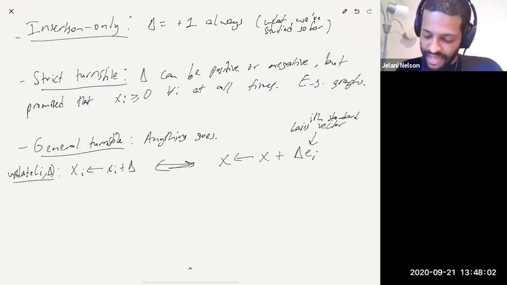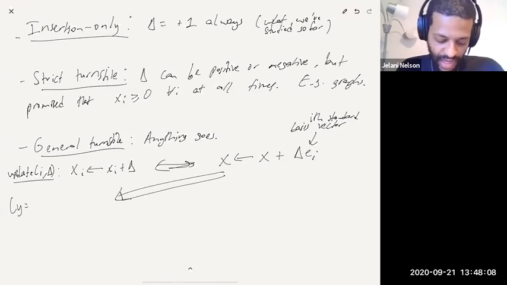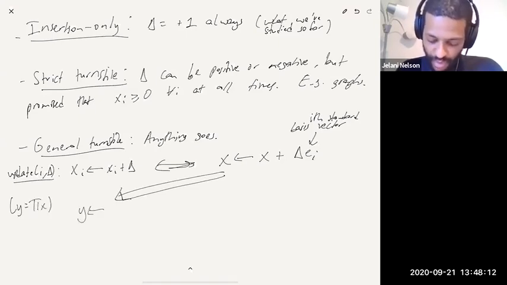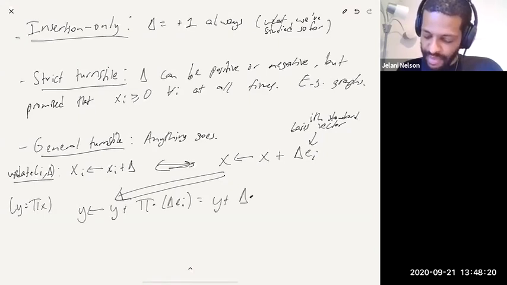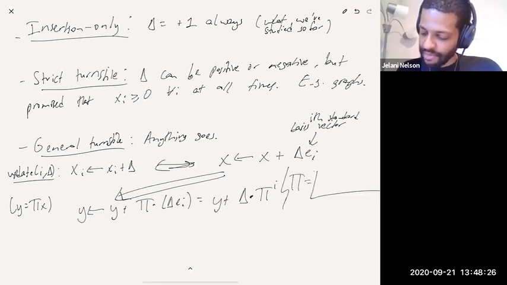And that means that, remember that y is equal to pi x, right? So that means that y becomes y plus pi times delta ei, which is just y plus delta times pi i, where you imagine that the pi i's are the columns of pi. So this column is pi 1, this column is pi 2, etc.